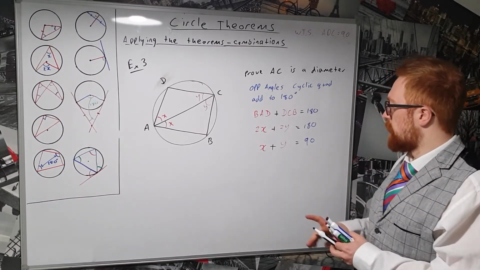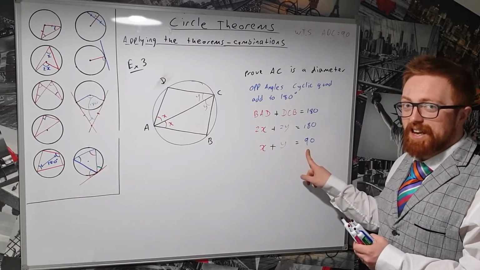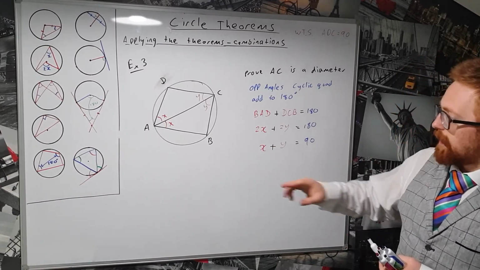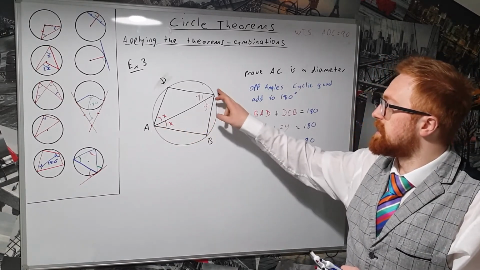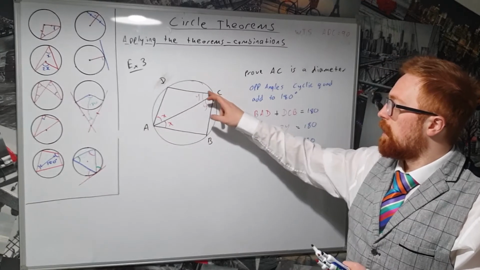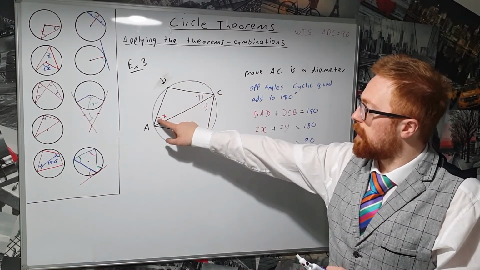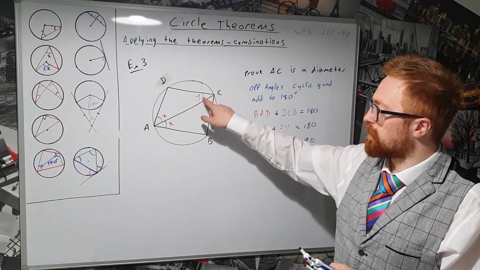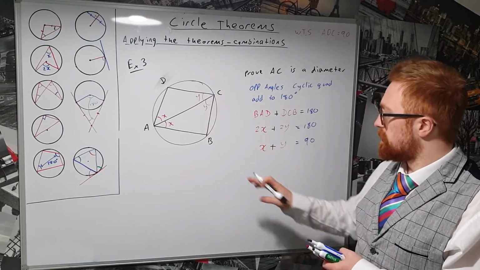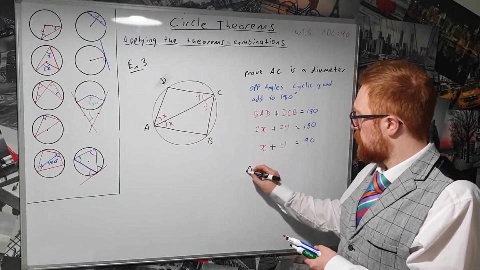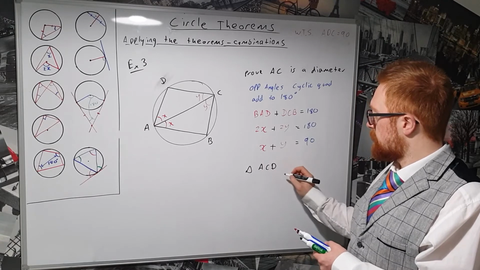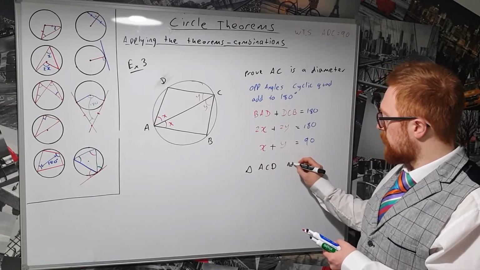Now we're getting somewhere, because I know that x plus y is 90 degrees. And if we look at triangle ACD, the angles in that triangle add up to 180.